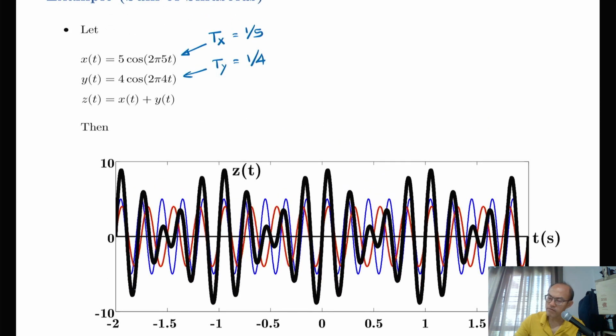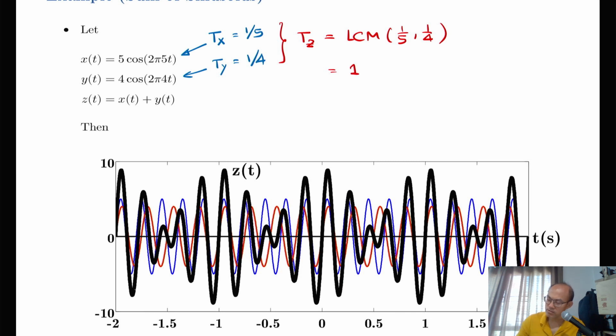You see, if you add them together, the result would become periodic as well, because both of these are rational numbers, and you can always find the least common multiple of these two numbers. So the period of z would be the LCM of 1/5 and 1/4, and the LCM of 1/5 and 1/4 is 1.